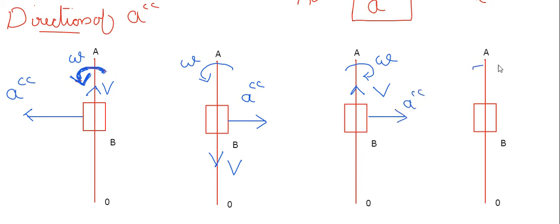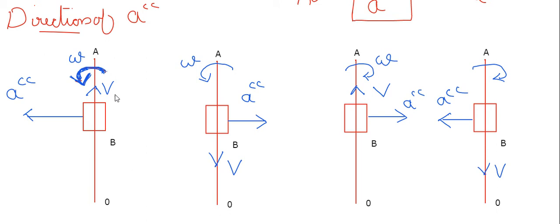And again the link is in clockwise direction, but this time the velocity is downward, and you can imagine that would be in the opposite direction. That is, A, C, C.